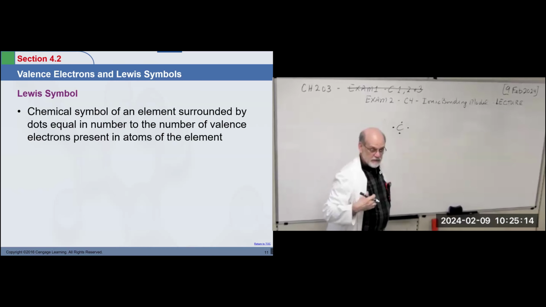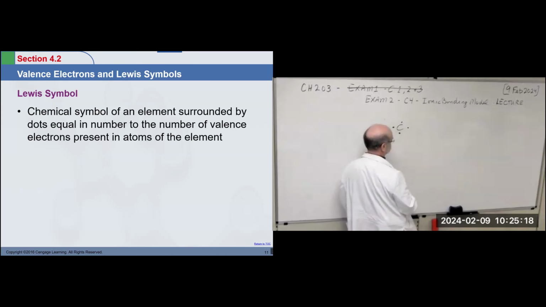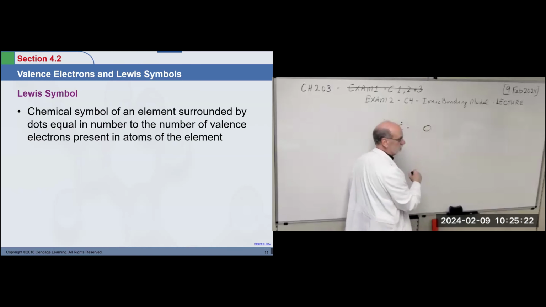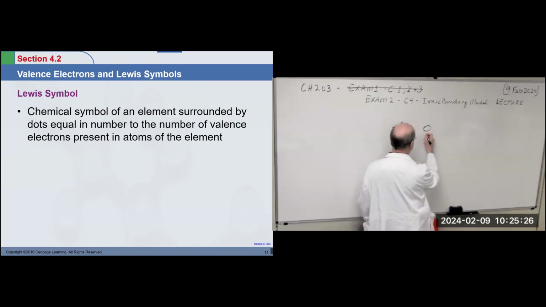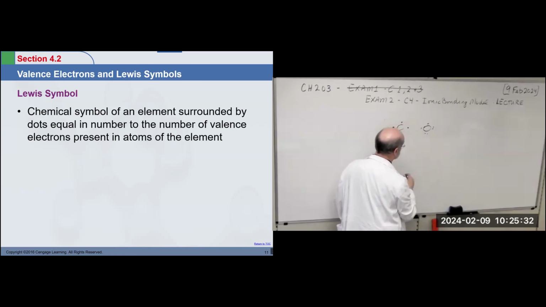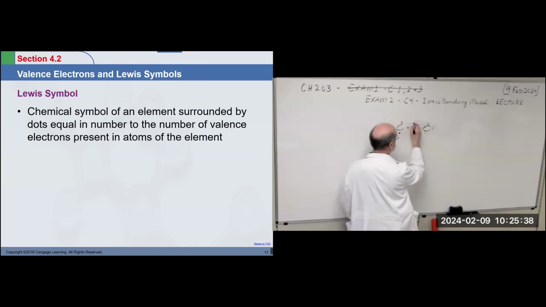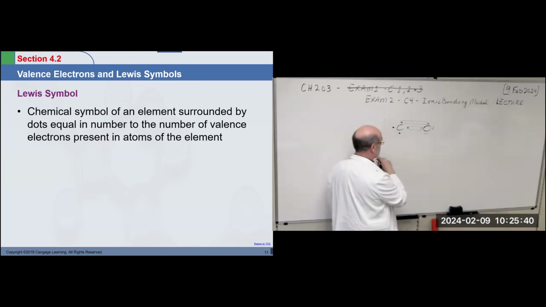Right? So when it came to bond with some other element or atom, like oxygen, for instance, right? Oxygen has 6. 1, 2, 3, 4, 5, and 6. Right? So if carbon shared one of those like that and shared one of these like this, now carbon thinks it has 2, 4, 6.